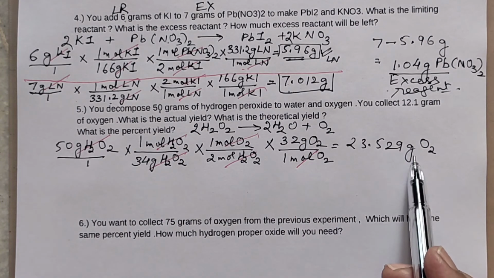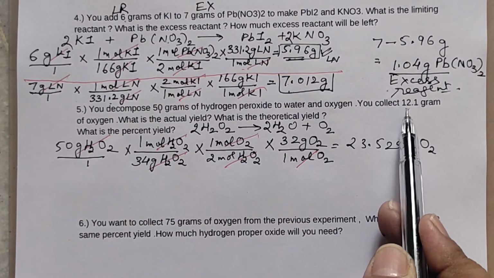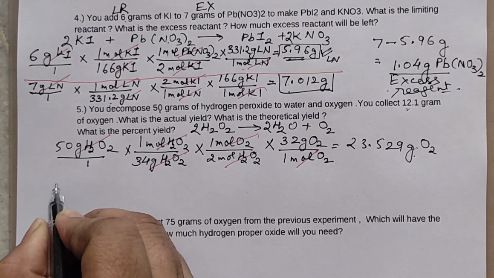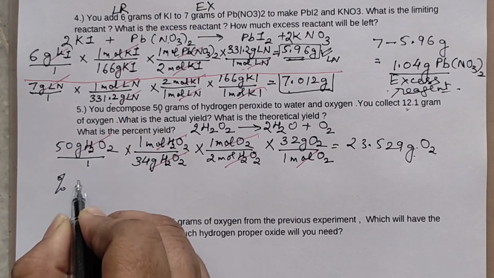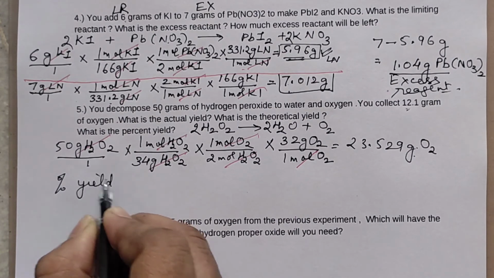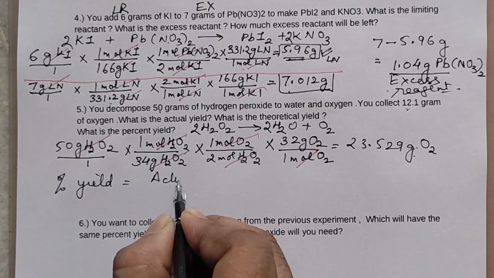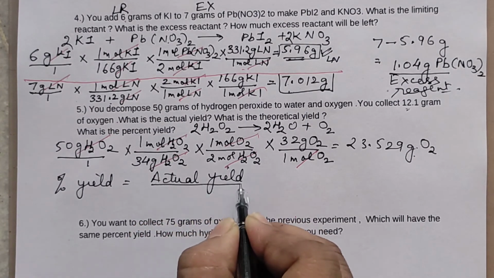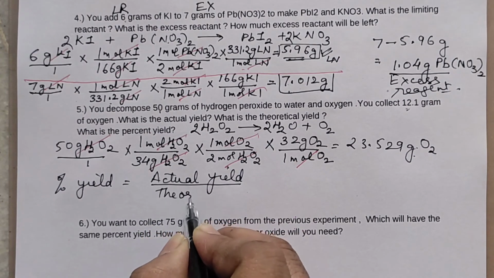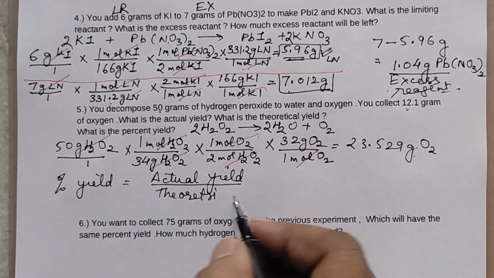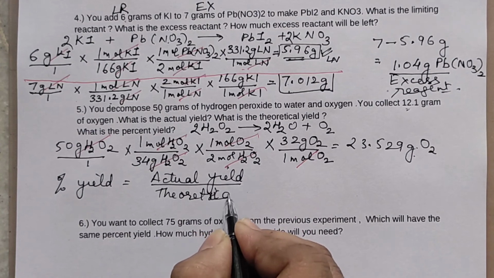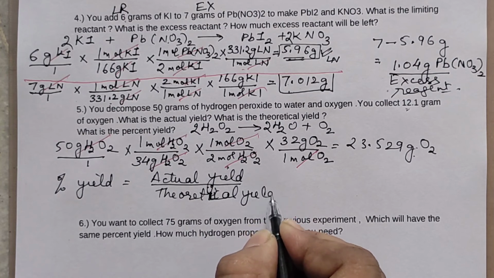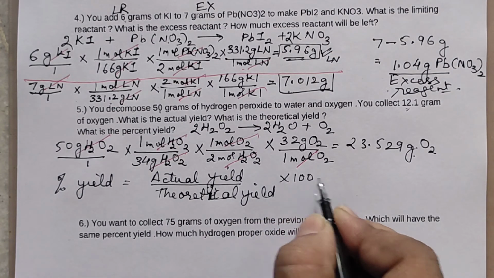Okay, this is your theoretical yield. How much is your actual yield? This much. So you have to calculate percent yield. So what is your percent yield? Percent yield is actual yield divided by theoretical yield into 100. Right?